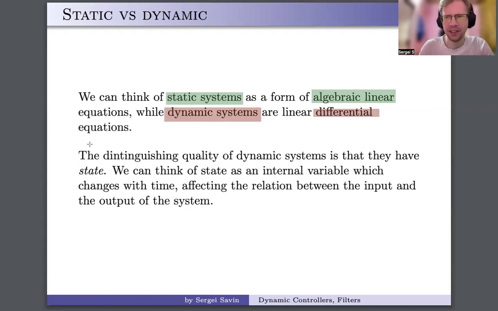Of course, we represent them in Laplace form as well as state space form, ODE form, but we can always transform them into ODEs, right? Static systems kind of naturally look like linear equations, but even if they don't, for some reason, we can always transform them into linear equations.